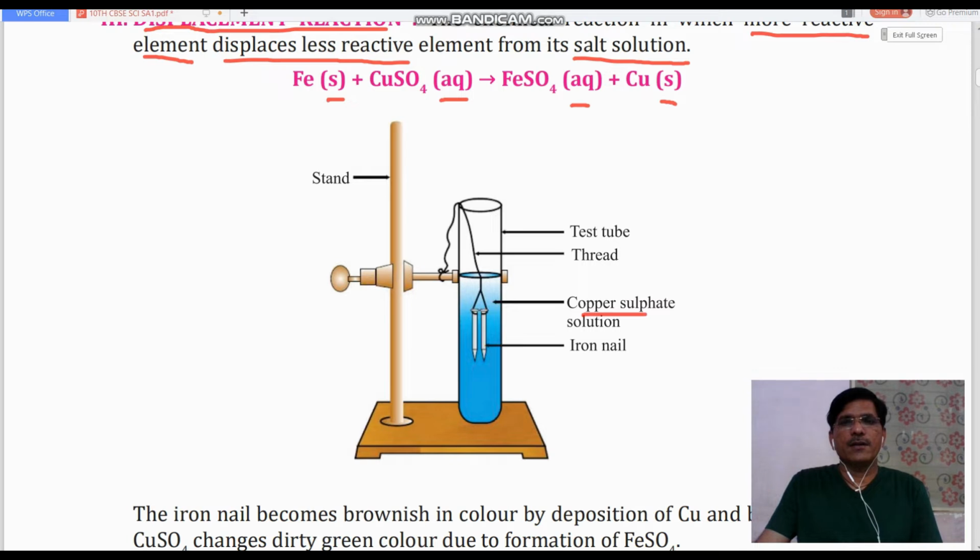Now copper sulfate solution is there, and an iron nail.